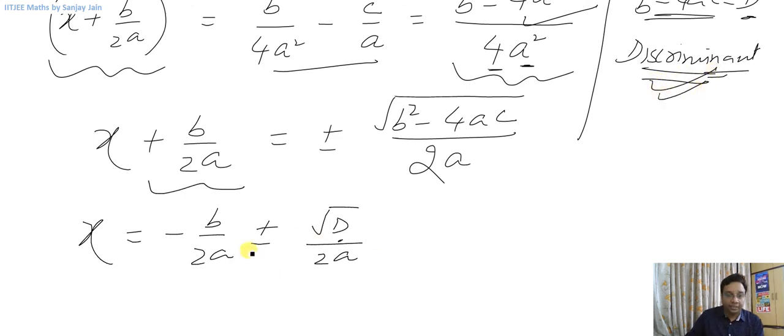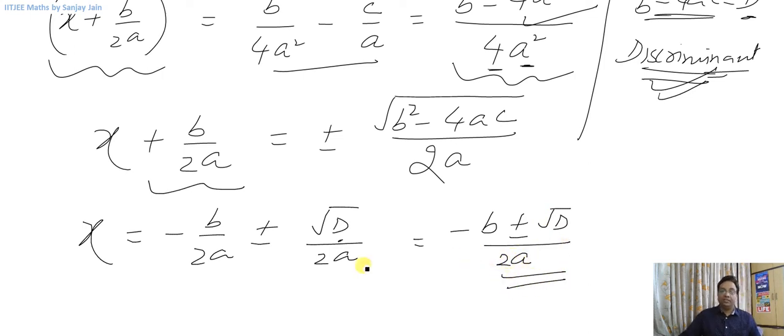All right, and if you want to write it collectively, you can write it as minus b plus minus root D by 2a. What is this? This is value of x, right? These are two values of x which satisfy the given quadratic equation that we started with, ax square plus bx plus c equal to 0, right? And this plus minus is nothing but, I can write it separately.